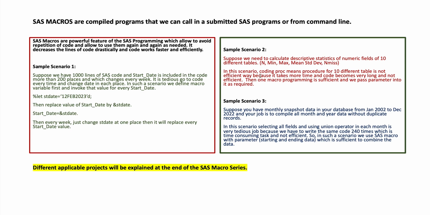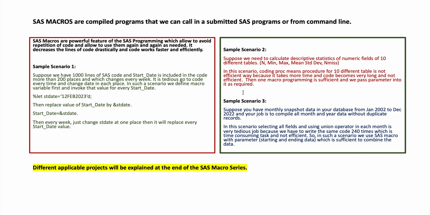Sample scenario 2. Suppose we need to calculate descriptive statistics of a numeric field of 10 different tables. That means we have to calculate the number of records, minimum value, maximum value, mean value, standard deviation, number of missing values, and so on.